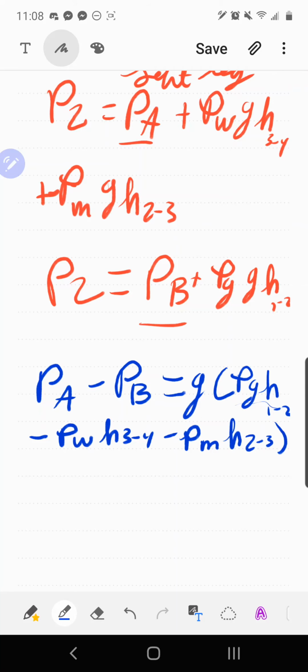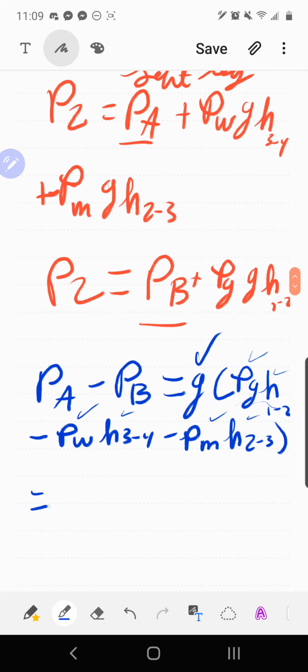Alright, so with this, what do we got? We know we have this term, we have the rho for everything, and we have all the heights. So we can find and calculate the pressure difference. The only thing you do have to take into account is the units for this. If we want kilopascals, we're going to need to multiply by a factor.